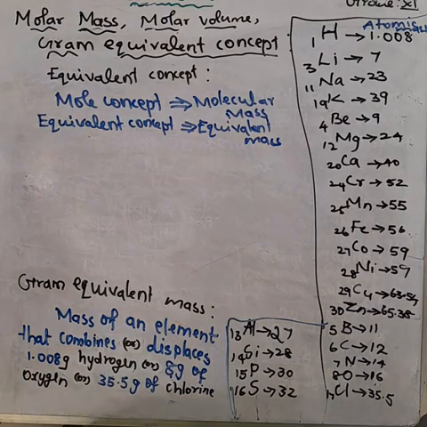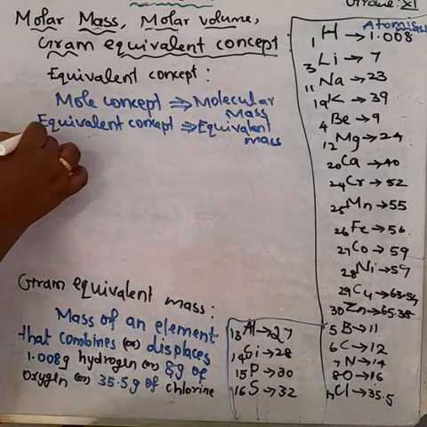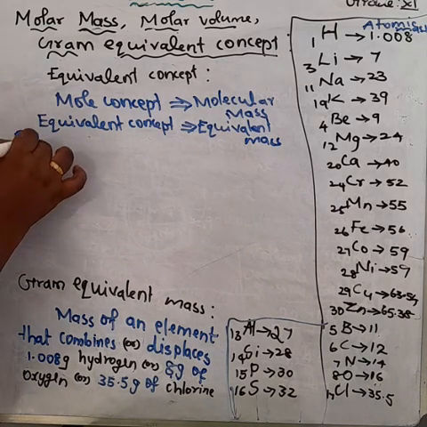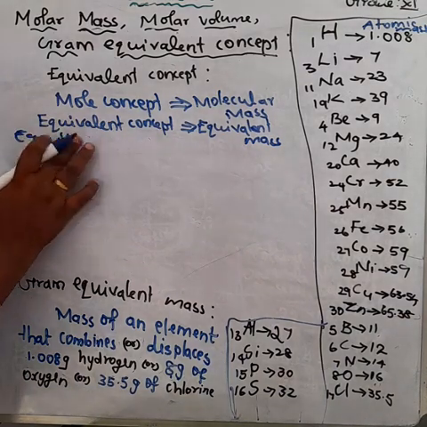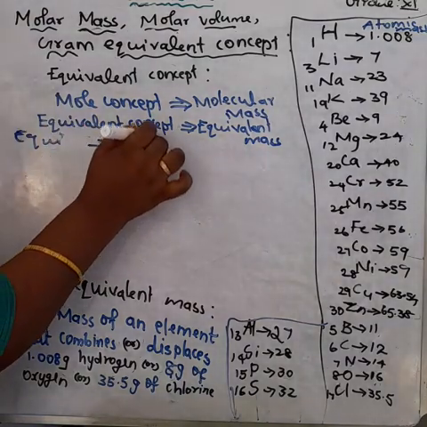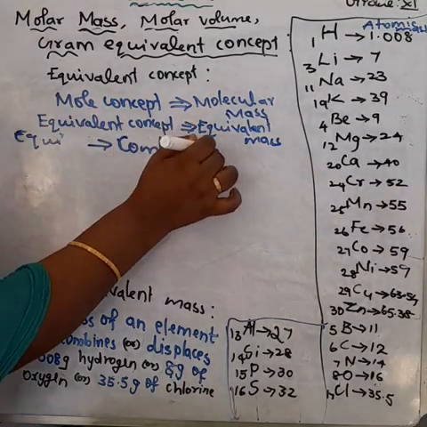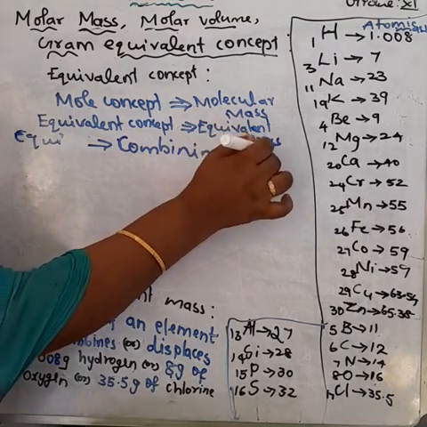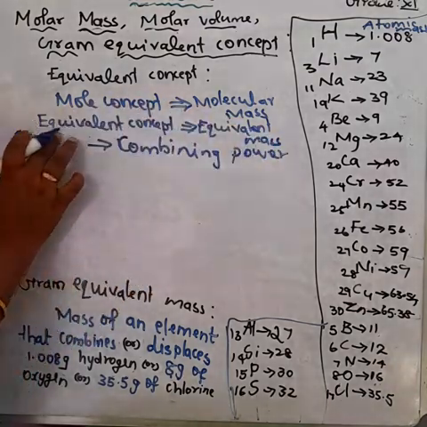So what do you mean by equivalent mass? Equivalent mass means the combining power of an element or compound or ions. That is called equivalent mass.